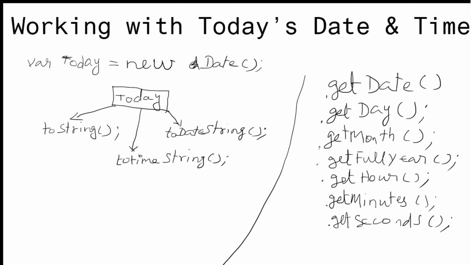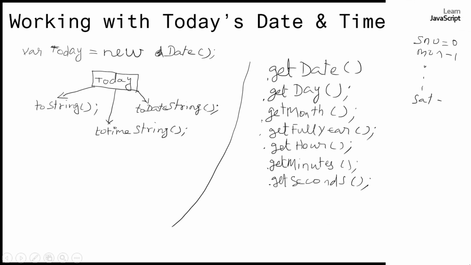So this way you can access the parts of the date object. Once again, first we create a date using new Date, then we assign it to a variable. After that we have a valid date, today's date. Then to see the complete date you can use toString, or if you want only the date part you can use toDateString, or if you want only the time part you can use toTimeString.